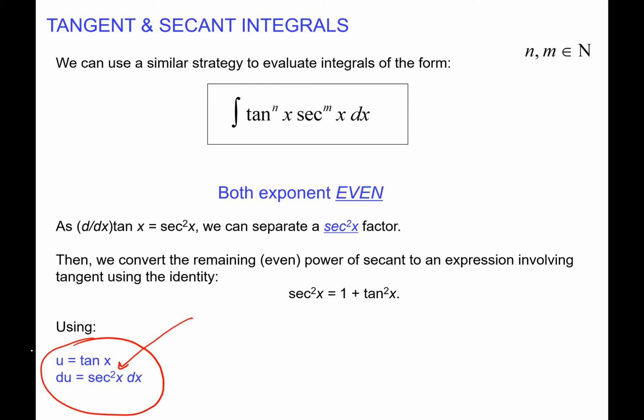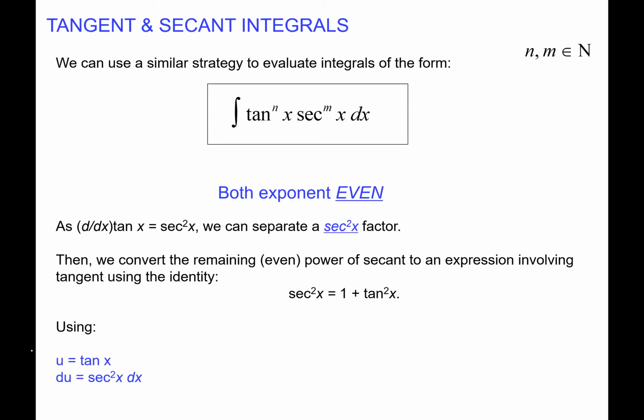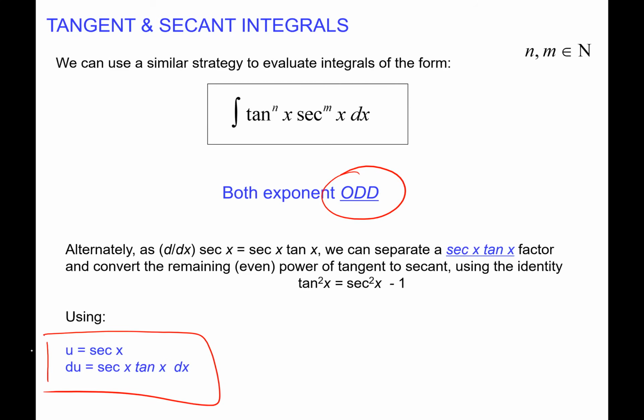If both of the exponents are even, we will do u substitution and we will let u be tangent. And now I'm changing the slide. If both of the exponents are odd, then we will do this substitution. Let me come back. Both even, n and m, we will do u equals tangent of x. Both odd, we will do secant.